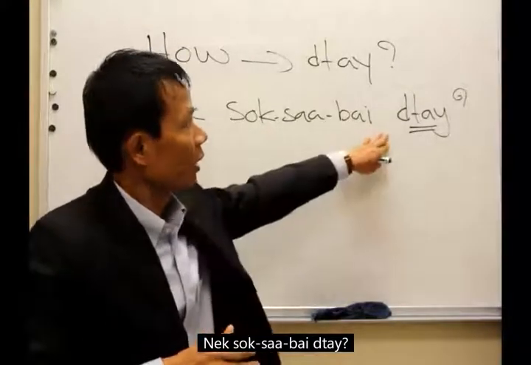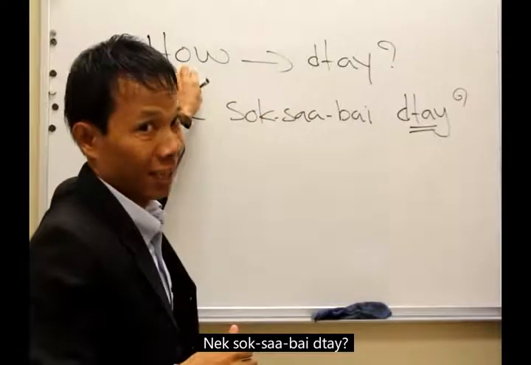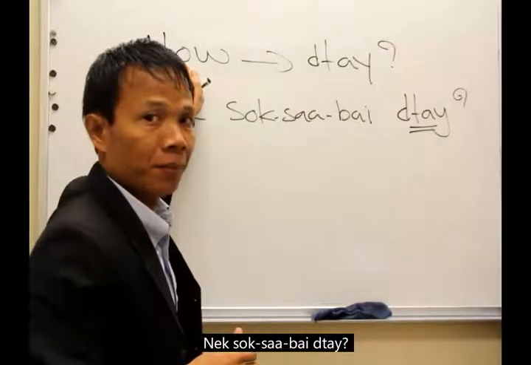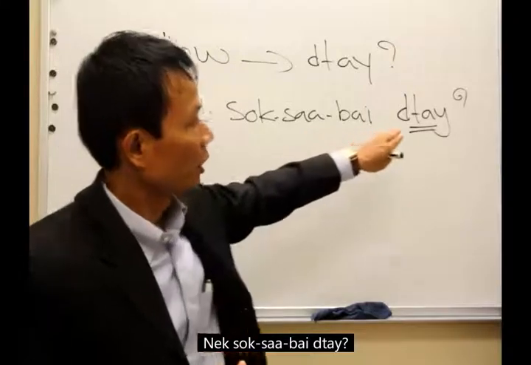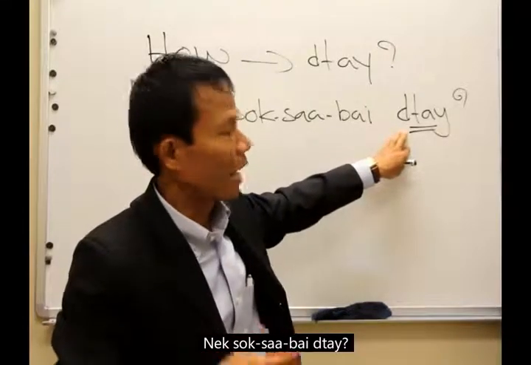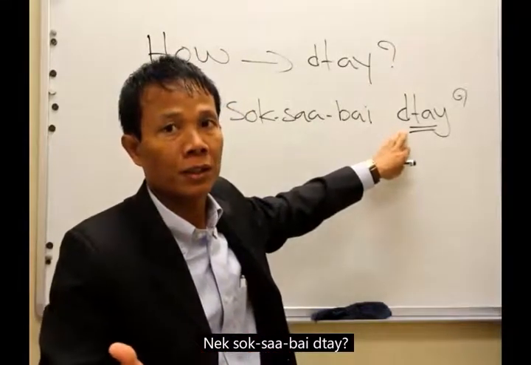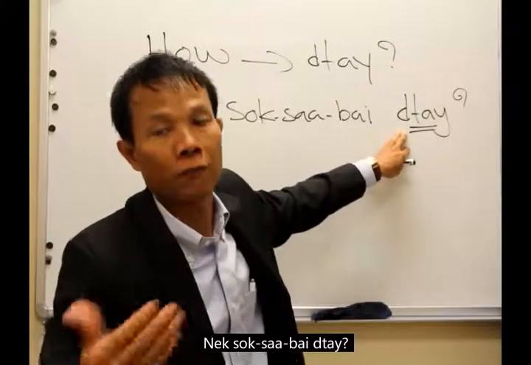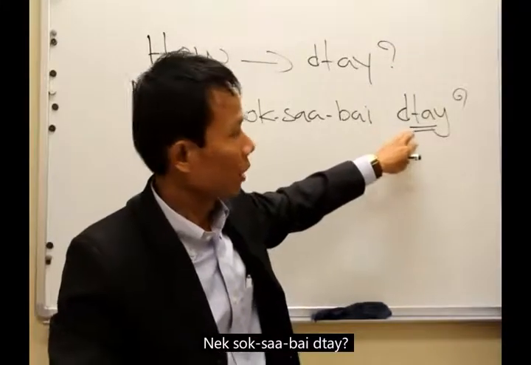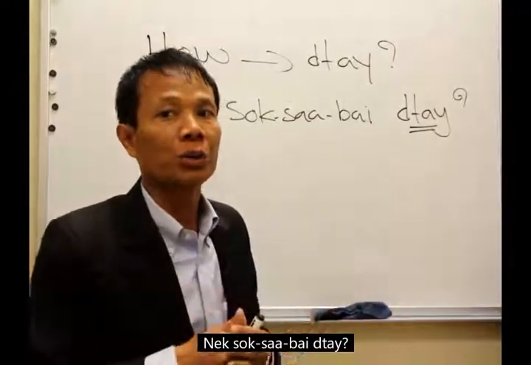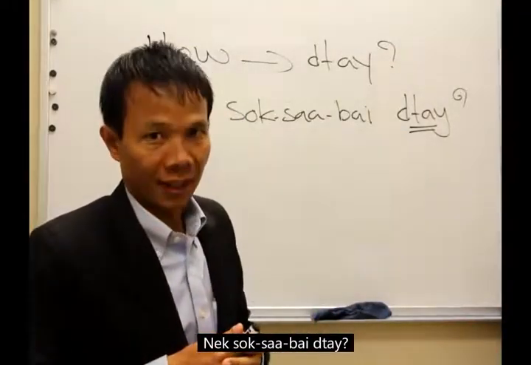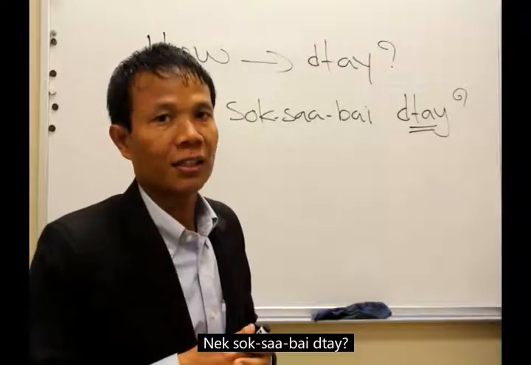So te here is a question marker for how in this case. Okay, how, អ្នកសុខសប្បាយទេ. The te here, the question marker here, is to ask whether someone is fine or not fine. So te is a question marker for how in this case. So how are you doing? អ្នកសុខសប្បាយទេ.